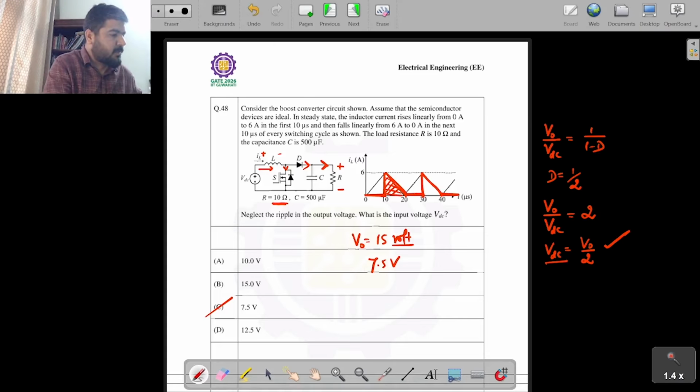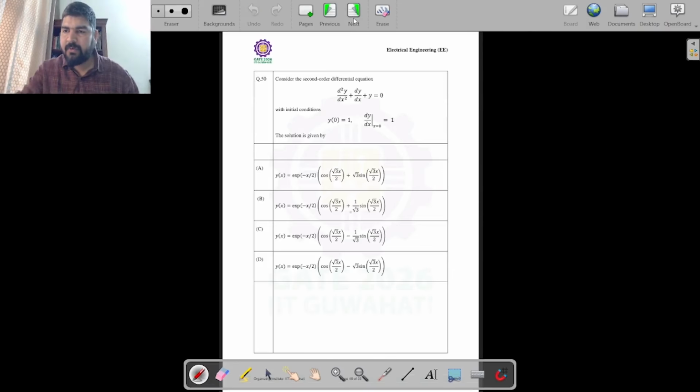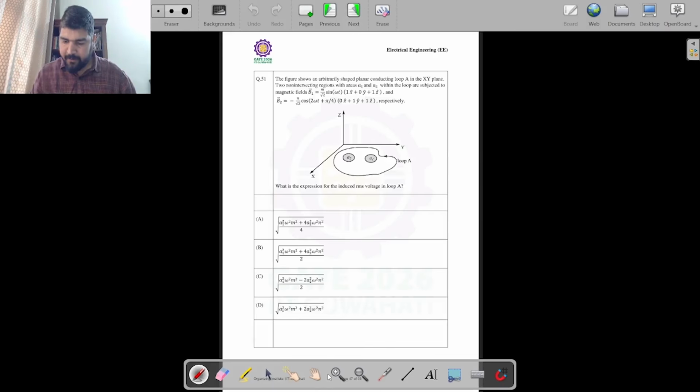Next question is question number 51 from electromagnetic field theory. Okay, so let's move to question number 51. In this question, what it says is, the figure shows an arbitrary planar conducting loop A in the XY plane. The two non-intersecting regions of areas A1 and A2 within the loop are subjected to magnetic fields.